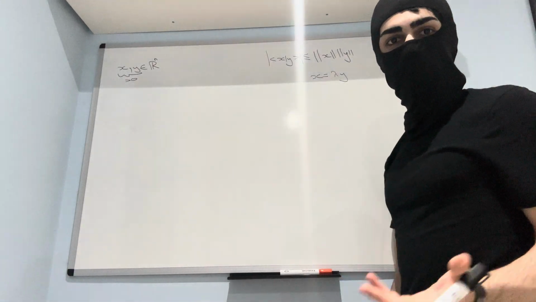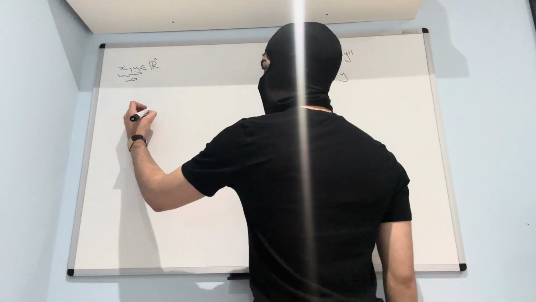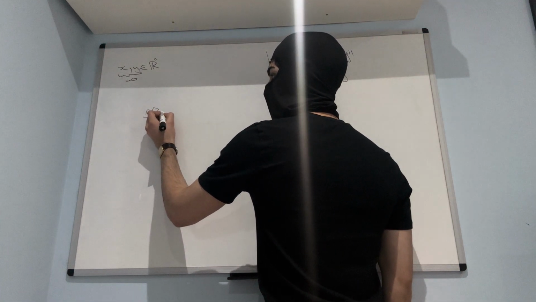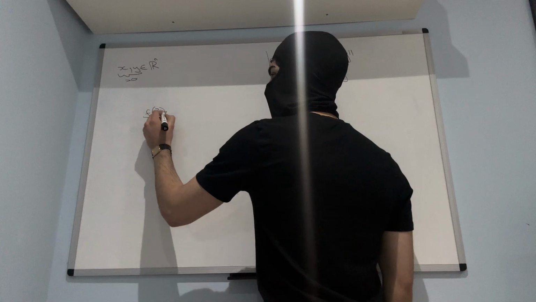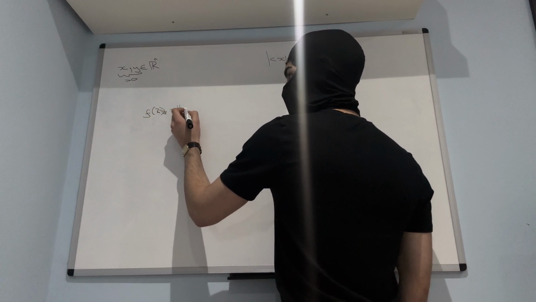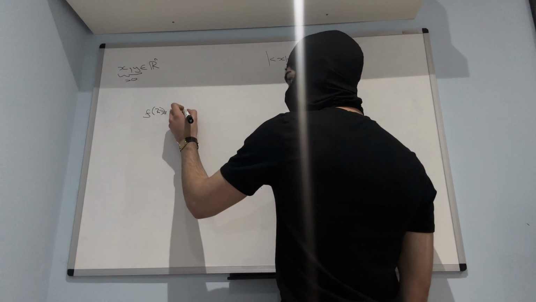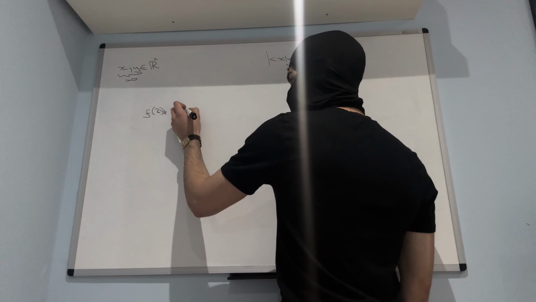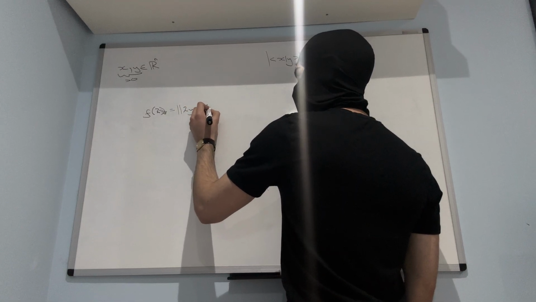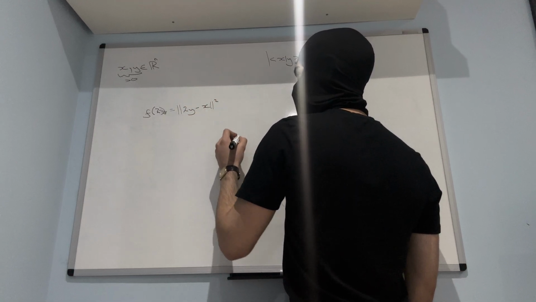So let's say we have a function f of lambda, which equals the norm of lambda y minus x, squared.